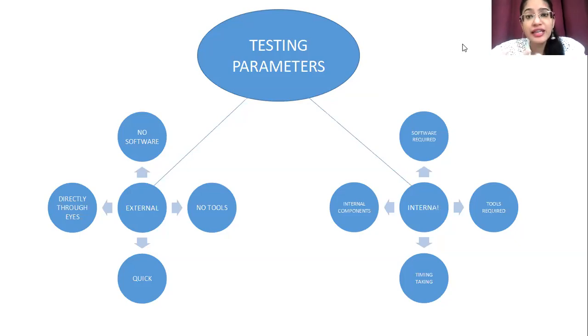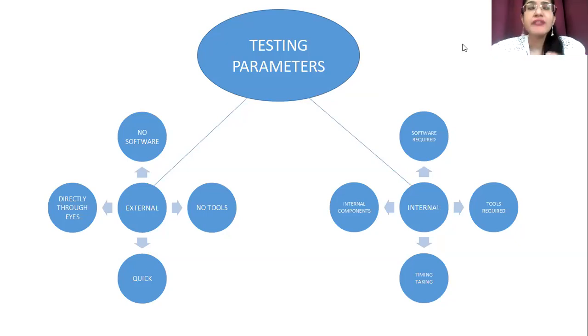Camera, whether it's clicking good quality photos or not, audio, jack systems, the connectors, USB, SD, audio input and output, power jack, these buttons, these connectors. So externally, things like scratches on that gadget, whether you have scratches or not, everything which can be seen directly through the eyes is checked.